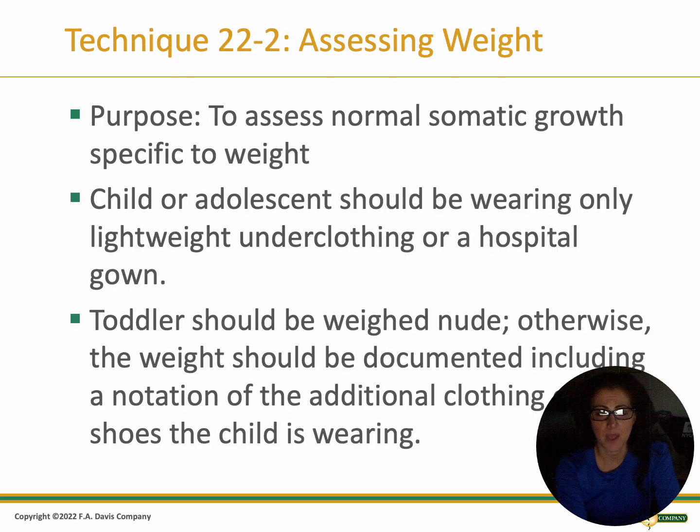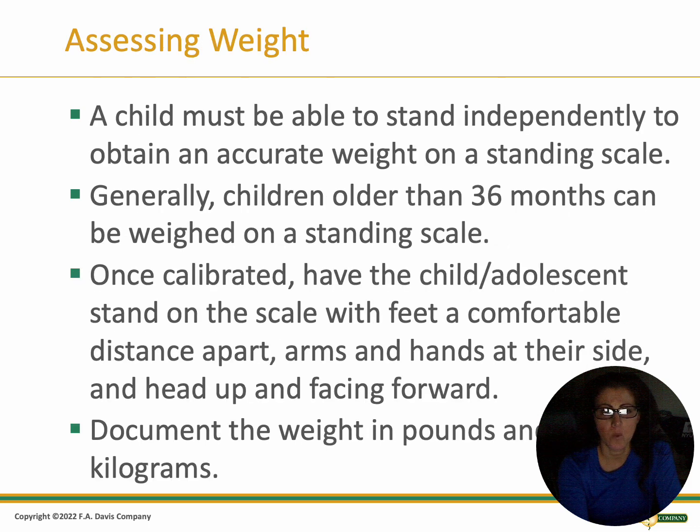Assessing weight and placing that on their growth curve to make sure that they are trending normally. When we're assessing their weight, we're asking them to stand independently. Children 36 months and older can actually be weighed on a standing scale.